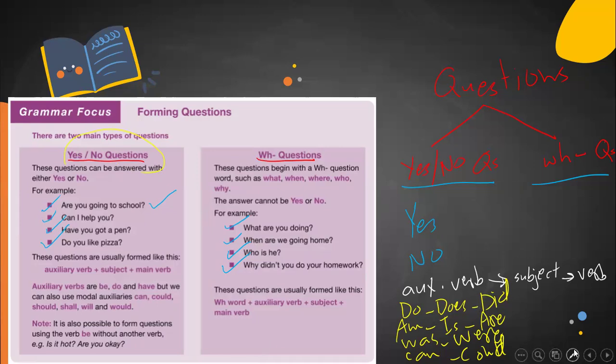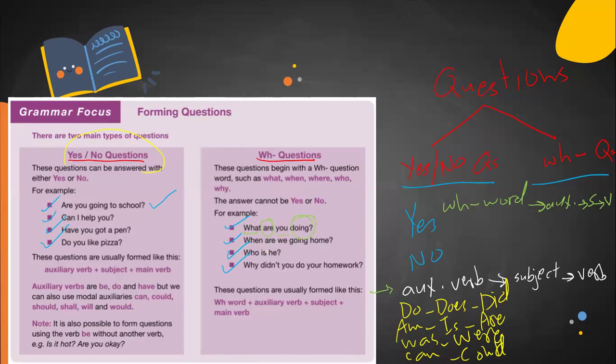With WH questions, we have to put the WH word first, then the auxiliary verb, like this one here. After that, the subject, and then the main verb. Look at the questions here. What? This is the WH word. Then the auxiliary verb are. After that, the subject. Then we have the verb.